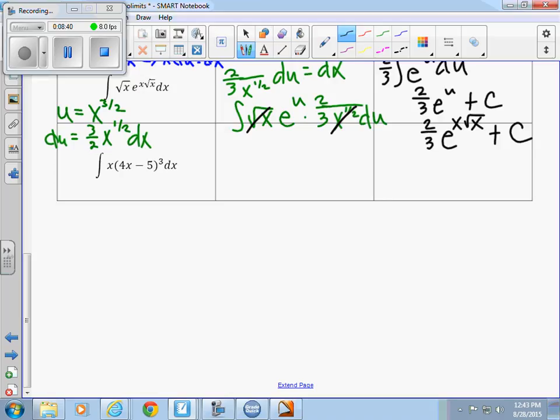So if they give us this problem in AB calculus, we know that it can be done with u substitution. But it's not pretty. Because if I let u be 4x minus 5, what's du? 4, not 4x. And that's a problem, right? So maybe it can't be done, but I'm sure going to try.